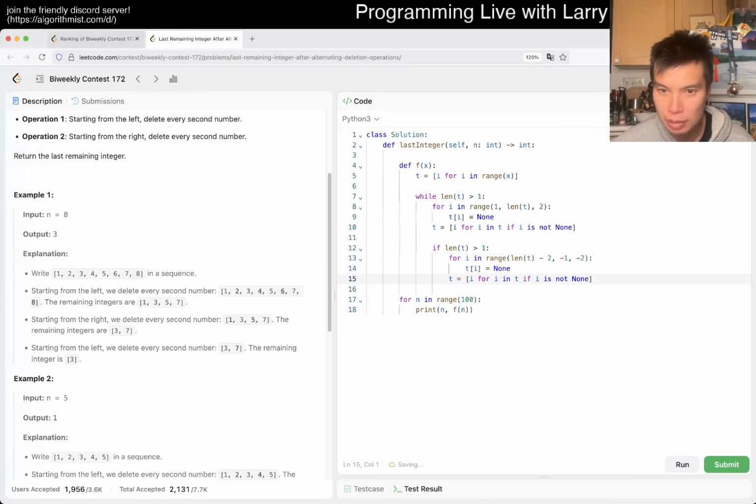Something like that. Just to be consistent, I guess I'll do +1. Oh yeah, it doesn't work for 0, but that's fine for the rest of them.